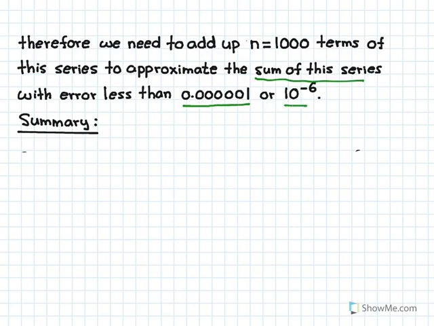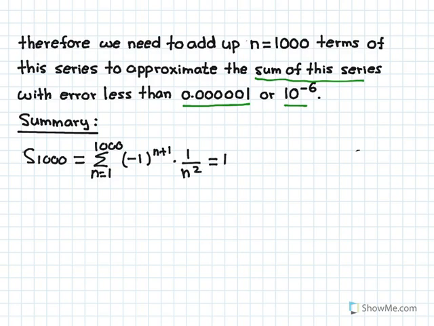So let's summarize. We have S1000, the sum of the first 1,000 terms of this series. Summation n equals 1 to 1,000, negative 1 to the power of n plus 1, times 1 over n squared.